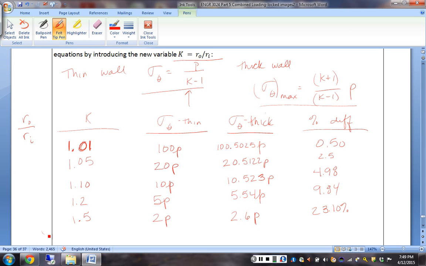So, to sum up, if K is less than 1.10, or if the thickness of your wall is less than about 1/10 of the radius of your pressure vessel, the error when using the thin-walled assumption is less than about 5% when using the thin wall equations. So that's another one of those engineering rules of thumb.